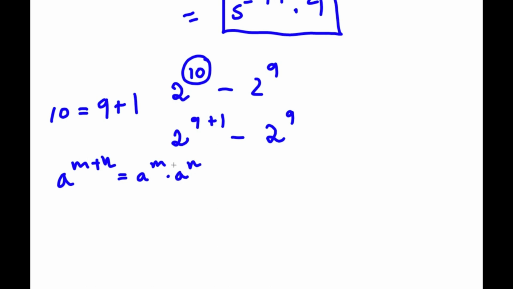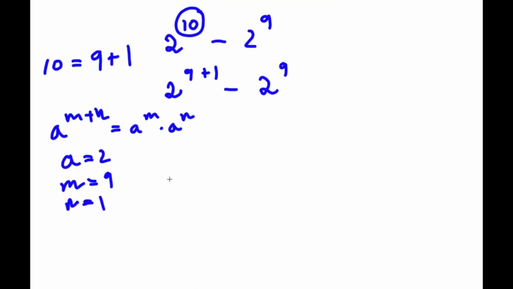So for 2 to the power of 9 plus 1, we can think of a as 2, m as 9, and n as 1. So 2 to the power of 9 plus 1 would be a to the power of m, so 2 to the power of 9, times a to the power of n, so 2 to the power of 1.